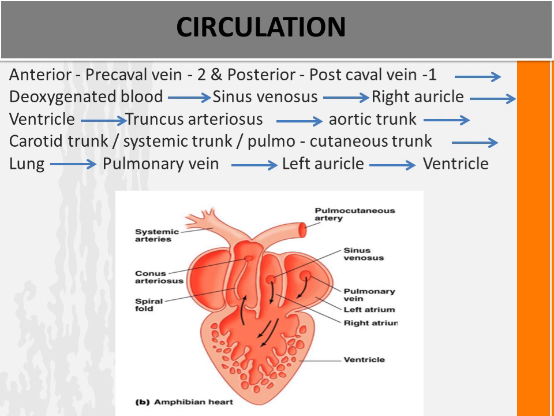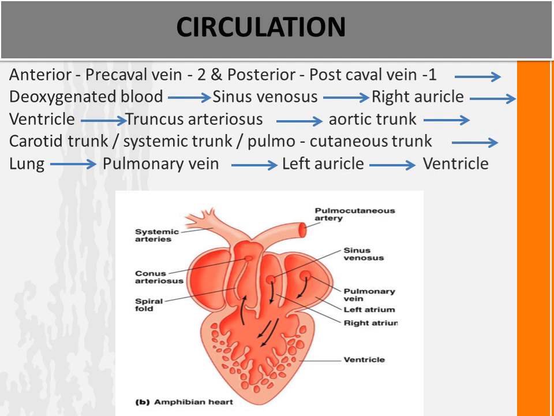When this auricle contracts, the blood comes from the auricle to the ventricle. Then from the ventricle, one cylindrical shaped tubule arises, as we said. What is the name of that? Truncus arteriosus. That is a very important one because it is going to branch and supply the blood, as we said now.